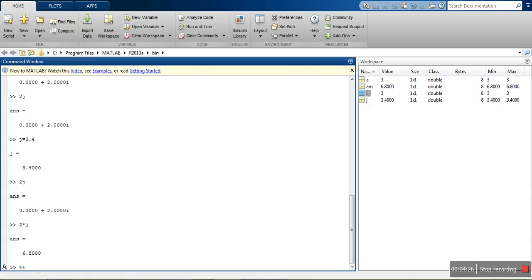Now think what will happen if we enter these expressions.